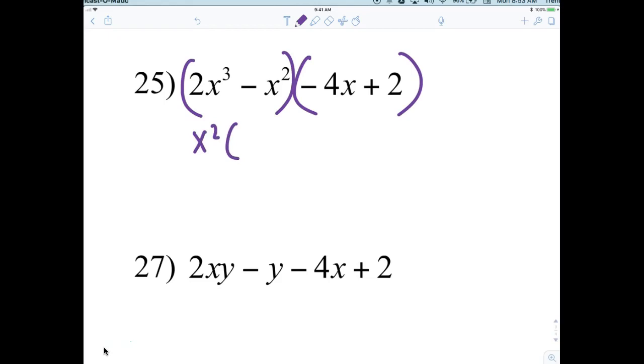What's left behind? 2x minus 1. What's common? A negative 2. Thank you very much. And what's left behind? Now that's a little bit tricky when you factor out a negative. So I always tell kids when you factor out a negative, you change the sign. Right, Allie?